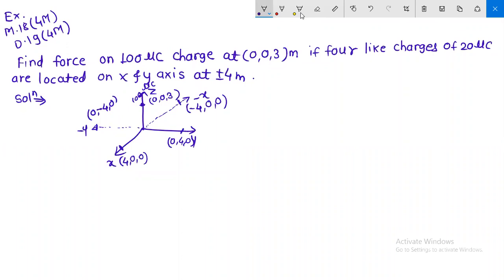So everyone note it correctly. So this is force acting due to this minus y point, force acting due to this point, then due to plus y and due to minus x.